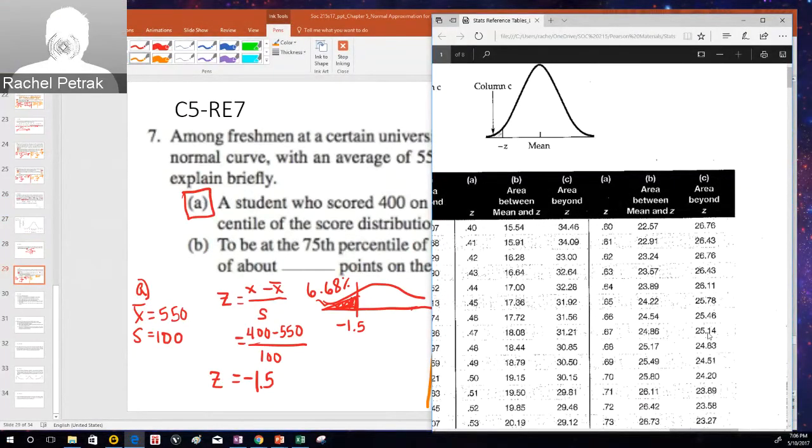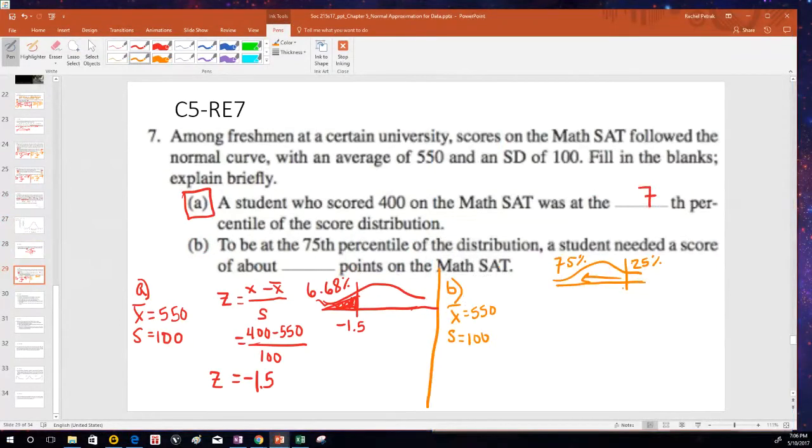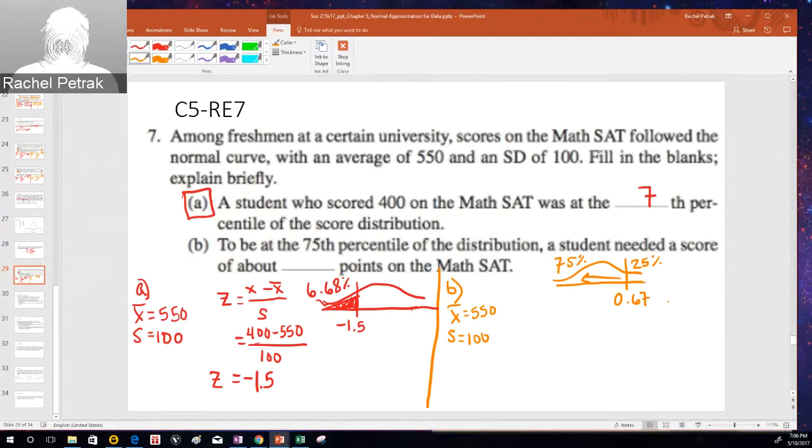Here we have it, 0.67. And now we just need to convert back from our z-score to a raw score. X is equal to the z-score times the standard deviation plus the mean.